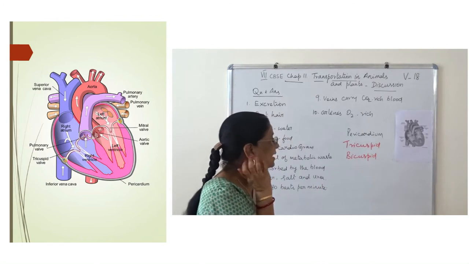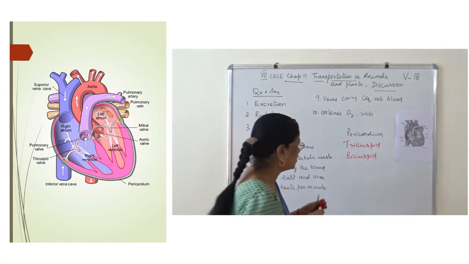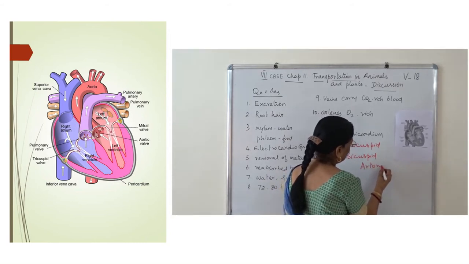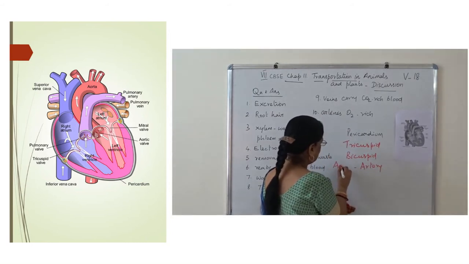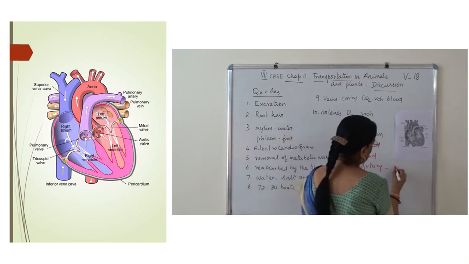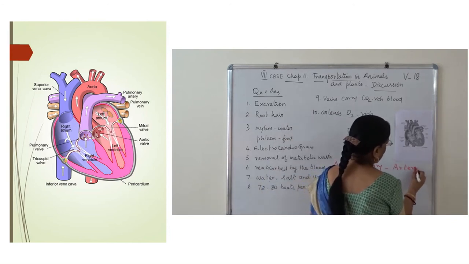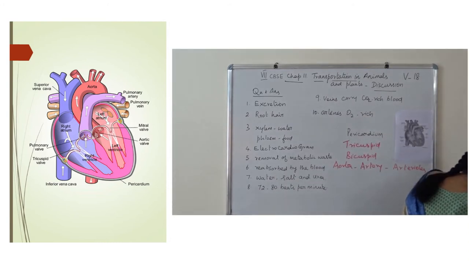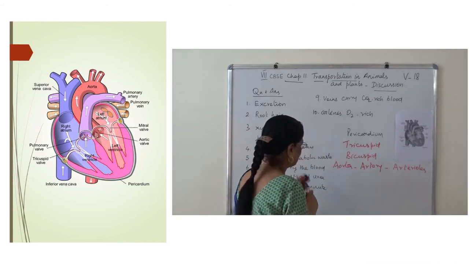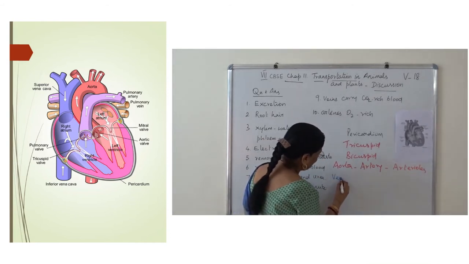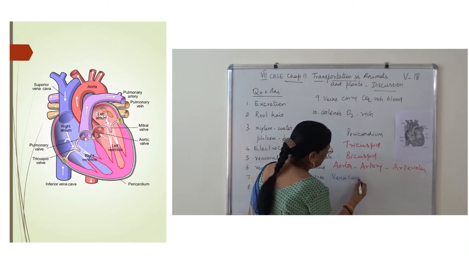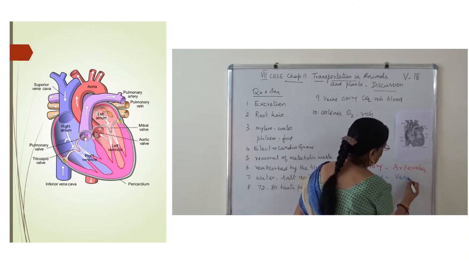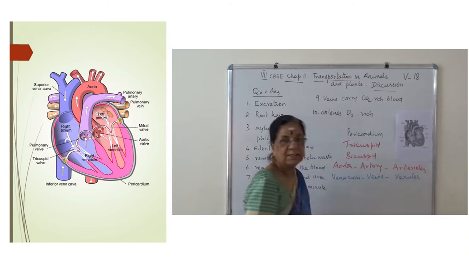Now the blood vessels we come across are arteries: first the aorta, artery, arterioles, and veins: vena cava, veins, and venules. I hope you recollect this.